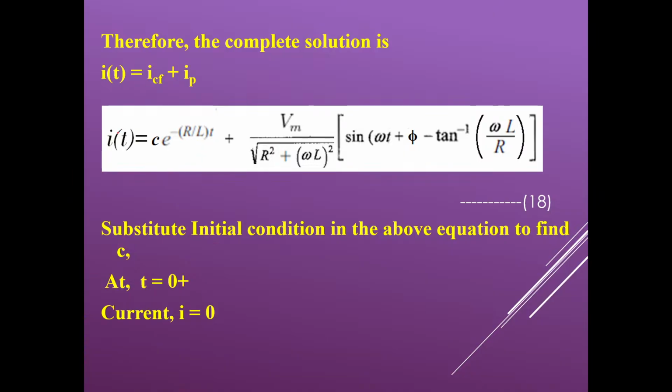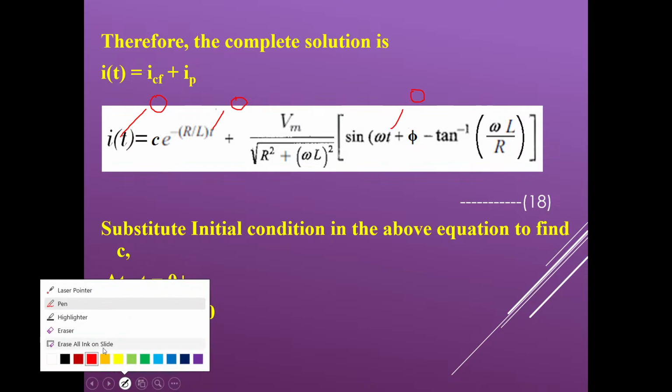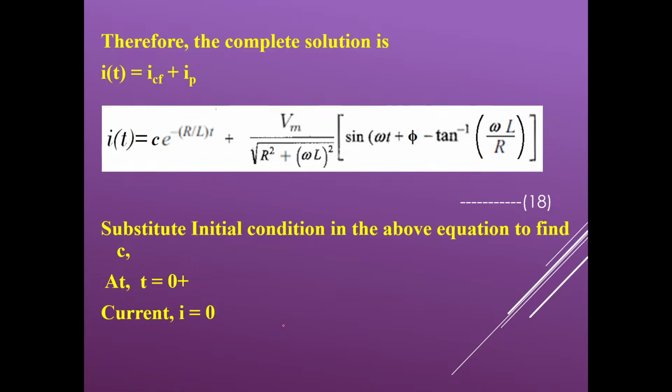Wherever i is there, substitute 0. So this is 0, this time is 0. Here also t is there, that is also 0. So wherever t is there, substitute 0, and wherever current is there, substitute 0.